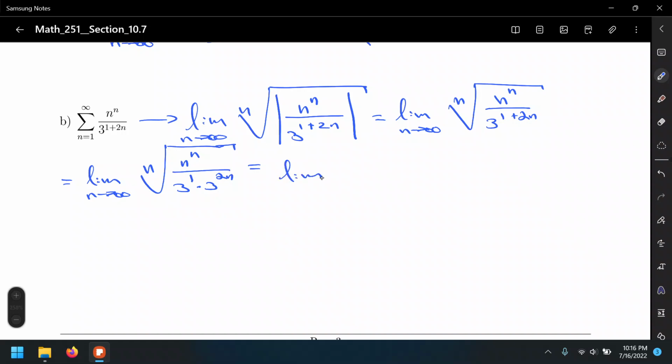That is the limit as n approaches infinity of the nth root of n to the n, over the nth root of 3 times the nth root of 3 to the 2n.